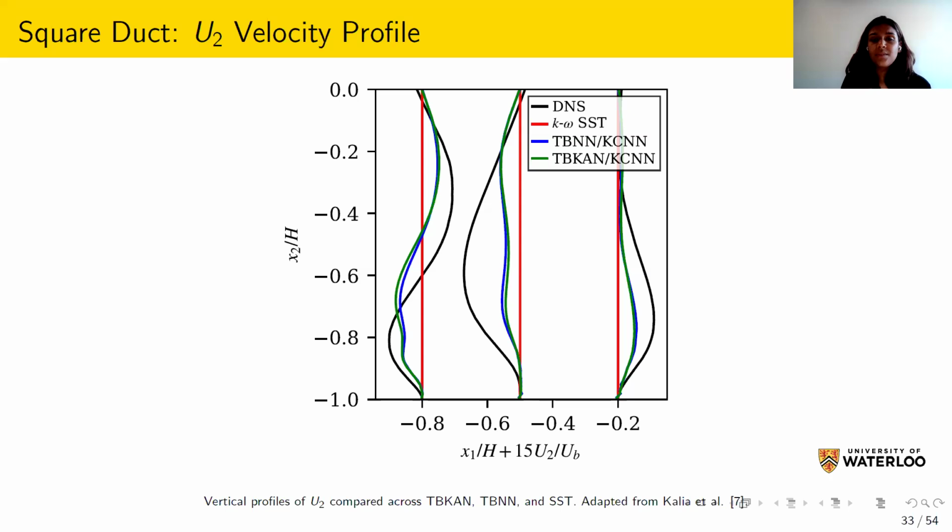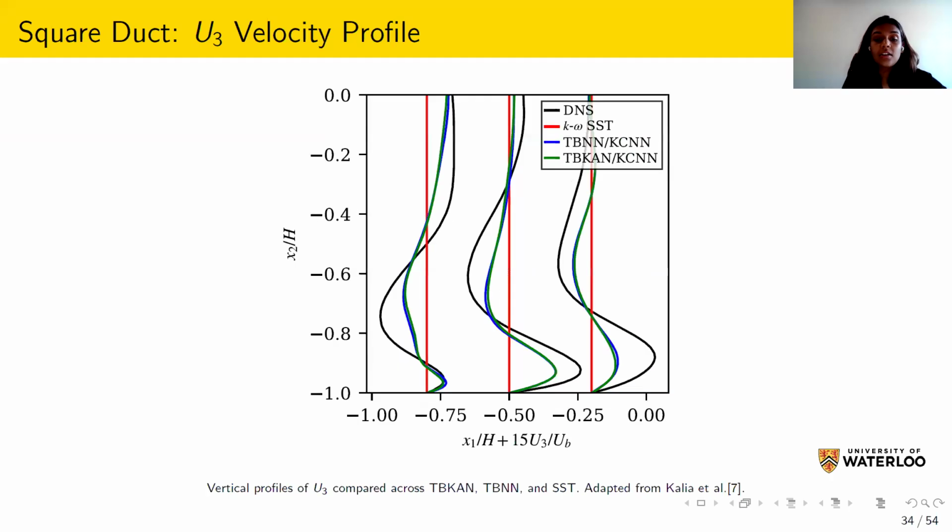TBNN and TB-KAN are quite similar, and magnitude-wise they are a bit smaller than what it should be when you compare to DNS, but they are fairly comparable for both U2, which is in this figure, and U3, which still follows the same structure, but the magnitude still varies for both networks.